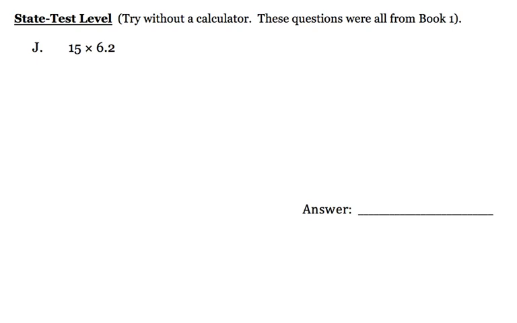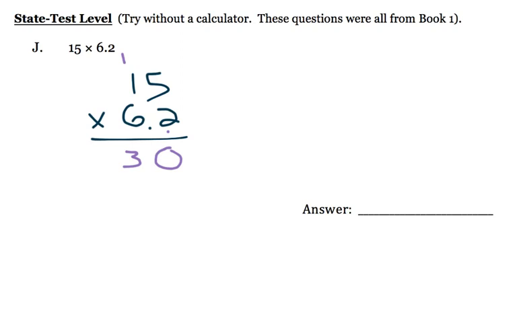For this one, 15 times 6.2, it helps to know 2-digit times 2-digit multiplication, so this might be a review for some of you. Starting off with the 2. 2 times 5 is 10, so I bring the 0 down here and bring up the 1. 2 times 1 is 2, plus 1 is 3.